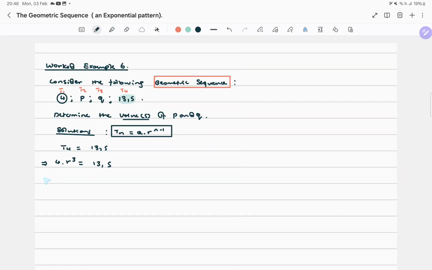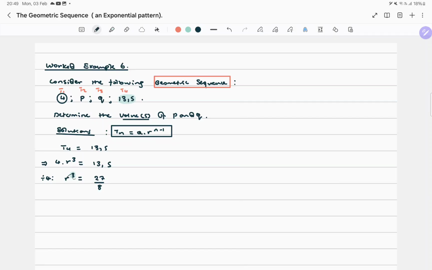Okay, so we divide by 4 on both sides. What are we going to end up with? r cubed is equal to 13.5 divided by 4, which is 27 over 8. Let's leave it at that. Now we can see that the exponent is trying to lead us somewhere.